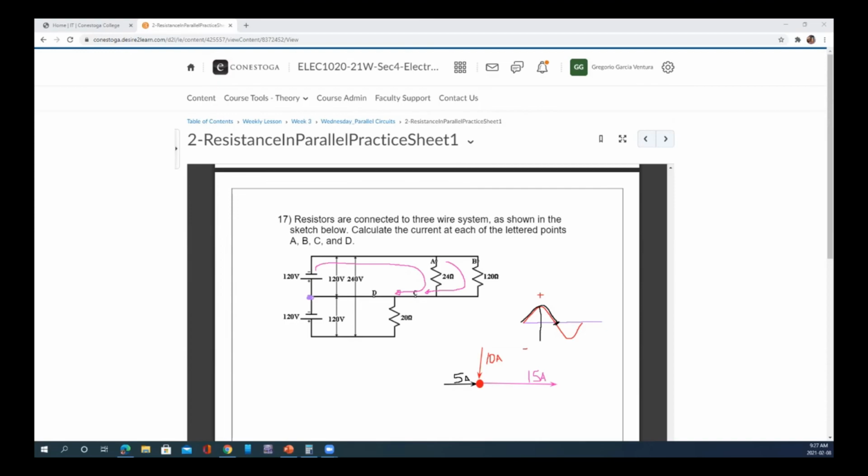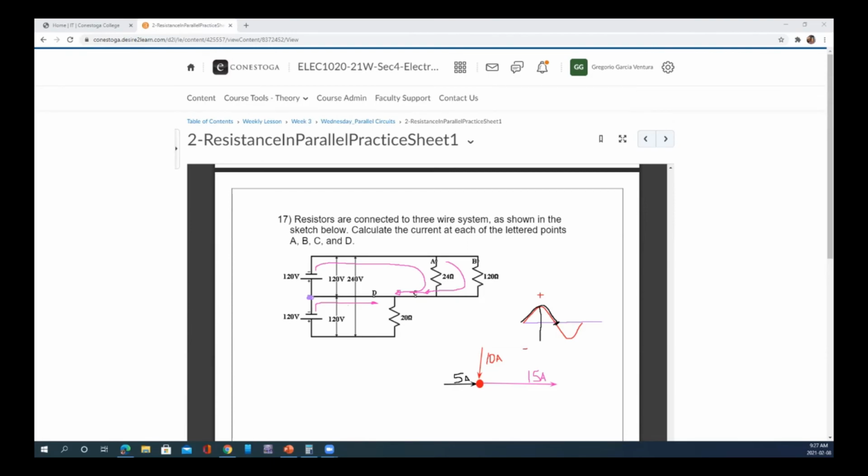Now, the flow of this one is going to be in this direction. It's going to be an opposing vector. So that being said, the value of this current is going to be subtracting from the value of this resultant current that is coming this way, because they are in opposite directions.